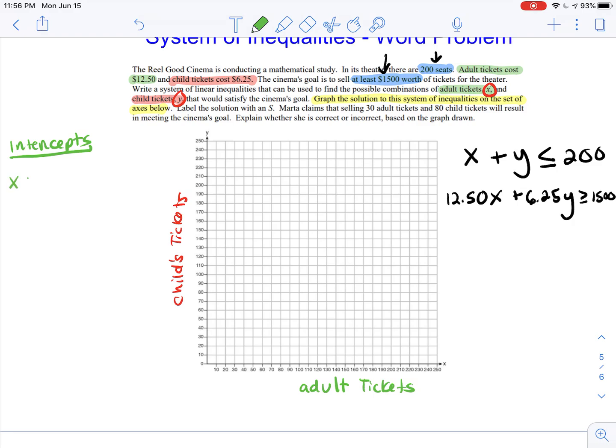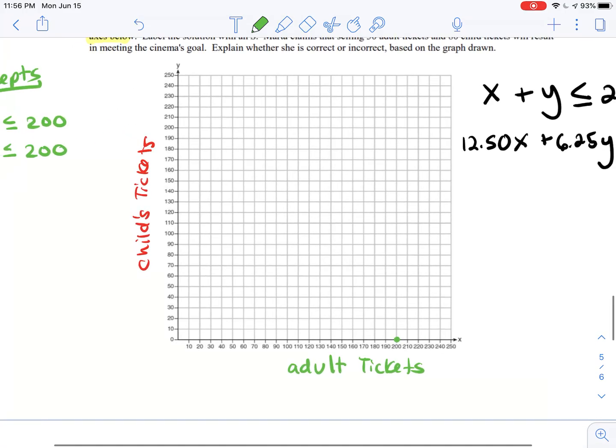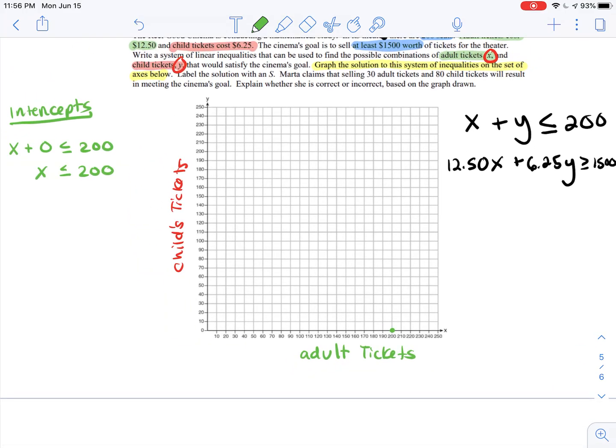My x-intercept is the point where y is equal to 0. So my x-intercept for that first equation is 200. That's right here at 200, and since x is going to be less than or equal to 200, we're going to be shading in that direction. I tend to write a little arrow in the direction I'm going to be shading.